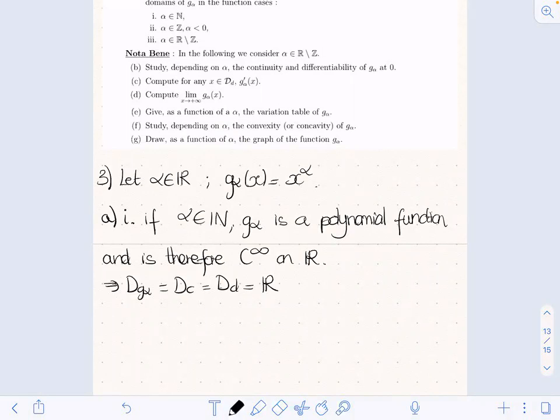Okay, so that allows us to deal with one case. Now, the second case that we consider is alpha in z. So that includes the negative integers, and in particular, we're going to look at what happens when alpha is negative. So what happens in this case? For example, x to the power minus 1.